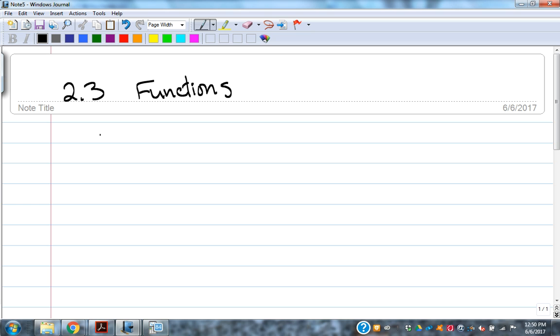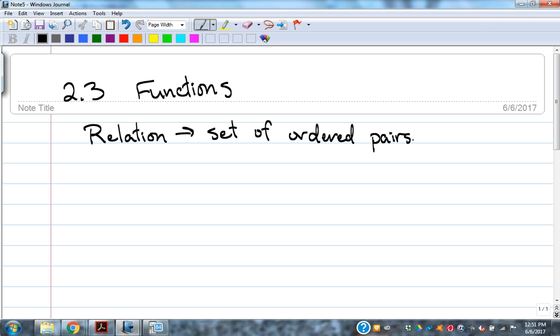Functions have origins with things that are called relations. And a relation is just a set of ordered pairs. Relations are a set of ordered pairs.